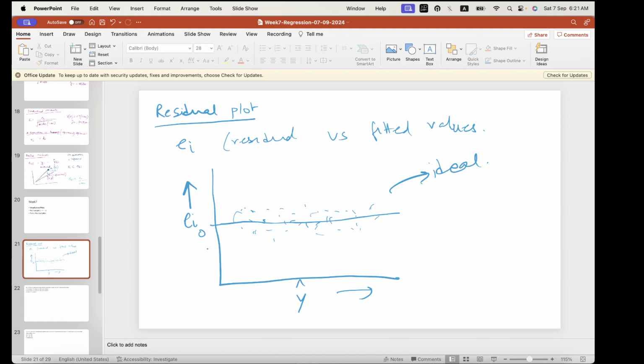We'll be very happy if we see this. This means that the ei and yi are uncorrelated and they have been fitted properly. So the expected ideal is no pattern, randomly scattered points on the ei versus y hat graph.